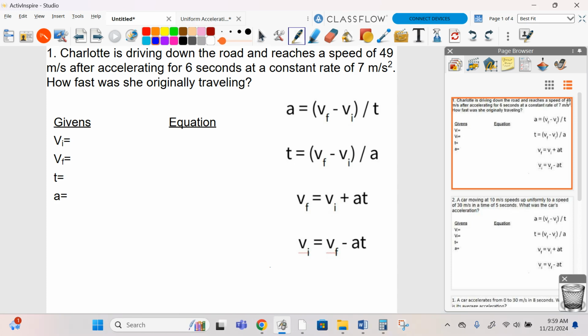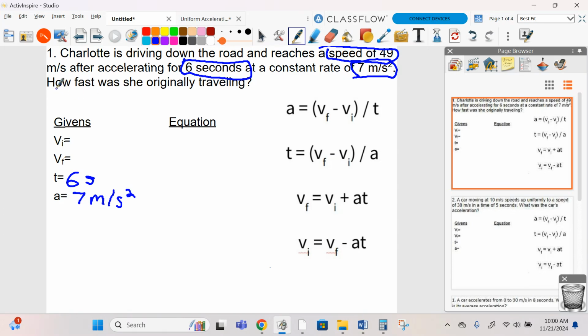A couple things to point out. I have right here, I have the initial speed, or I have a speed. Maybe I don't know if that's the initial, maybe I don't know if that's a final. But I do happen to have that there is a total of 6 seconds. That is my time. I have an acceleration, meters per second squared. That's what I measure acceleration in.